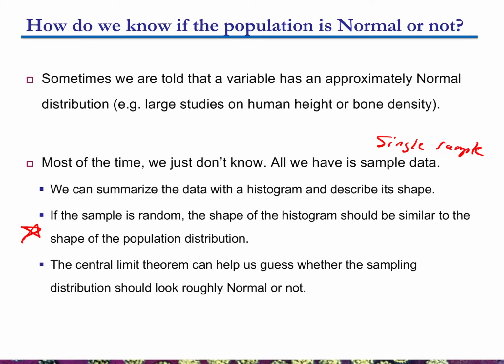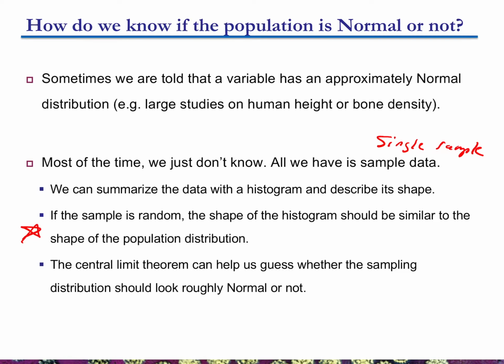So the central limit theorem then can also help us to figure out whether the sampling distribution would look roughly normal or not. So for example, you have a population, you don't know if it's skewed or not. Take a single sample from it, you plot that, and you get a skewed frequency distribution. That single sample frequency distribution, the histogram, is probably going to tell you that the population distribution is skewed as well.